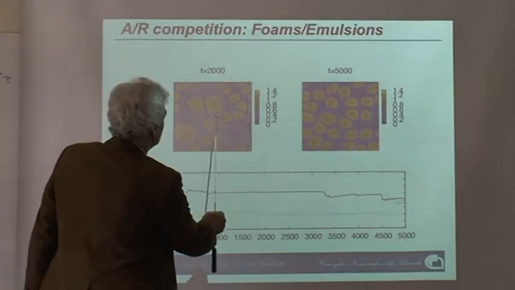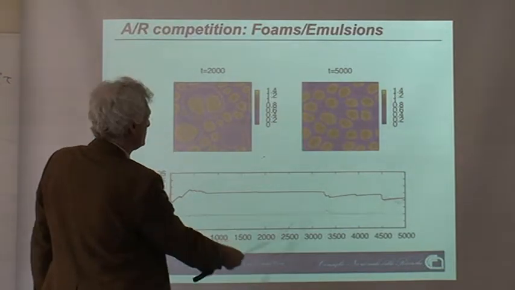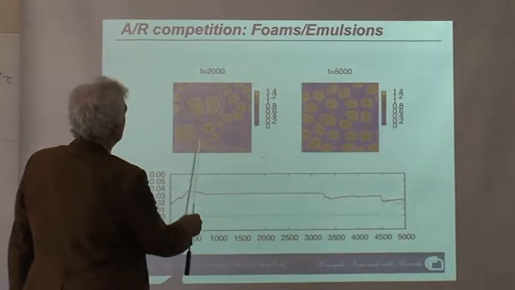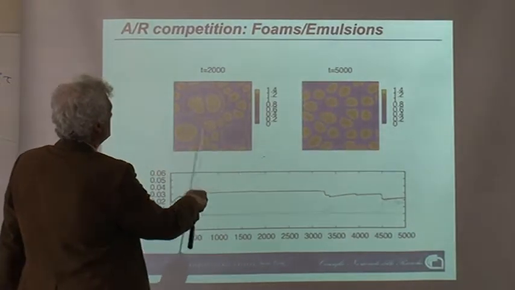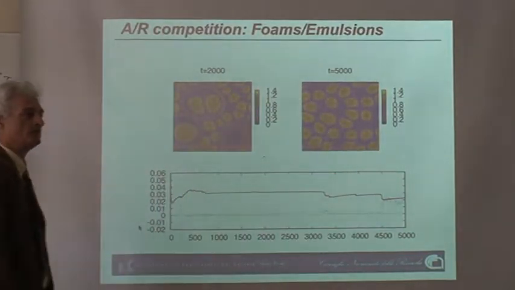The nice thing is that, just like an earthquake, if you wait, these are 3.5 million time steps. Every now and then the system wakes up, the belt is broken, and the fluid starts to flow again.